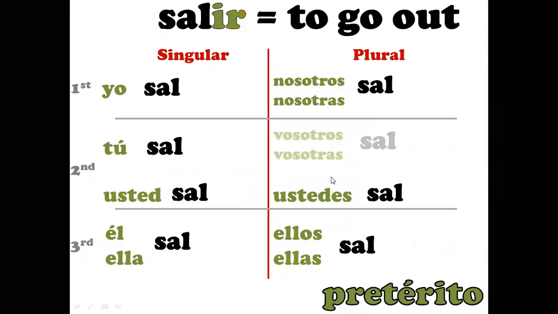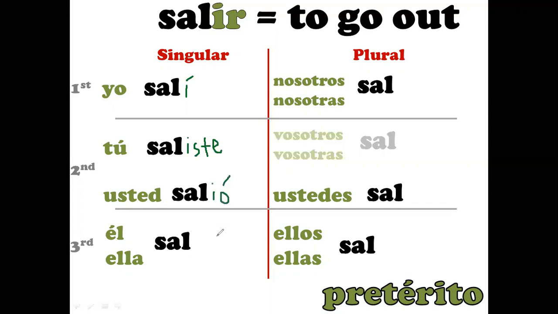So let's take a look at the IR verbs. Don't think my pen's going to work this time either, but let's check it out. Let's see if I can get it to work. No. Okay. So again, go a little more slowly so I can type with the mouse. Salir. While we're doing this, I want you to take a look and see which form is different. All right, let's see what difference there is between ER and IR verbs in the preterite. Iste, yo.